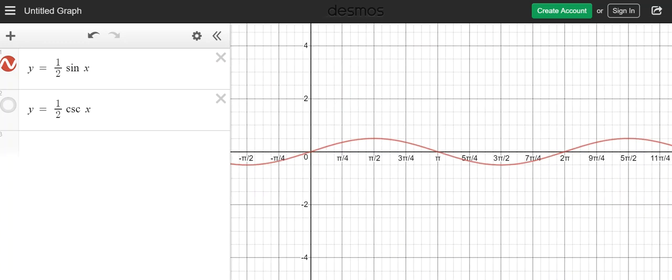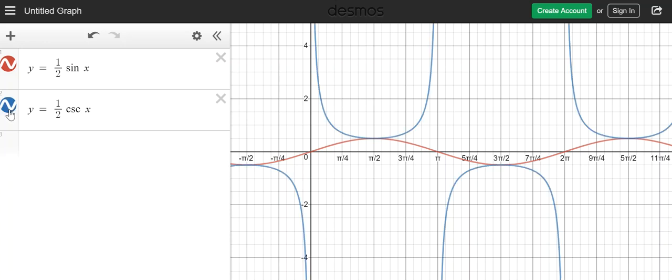The period stays the same, but the amplitude changes. So then if we look at what happens at cosecant, you'll notice that instead of that starting point being at 1 up here, it was cut down to half. So these points in here get closer, those starting points.